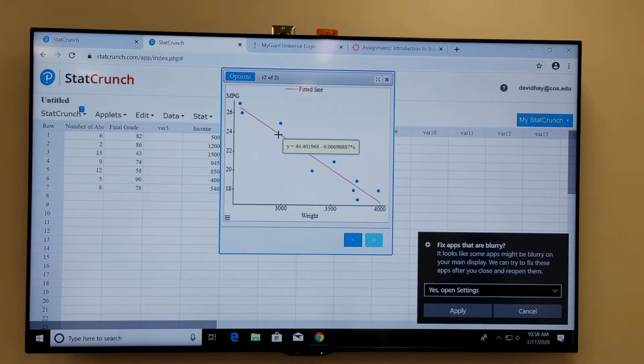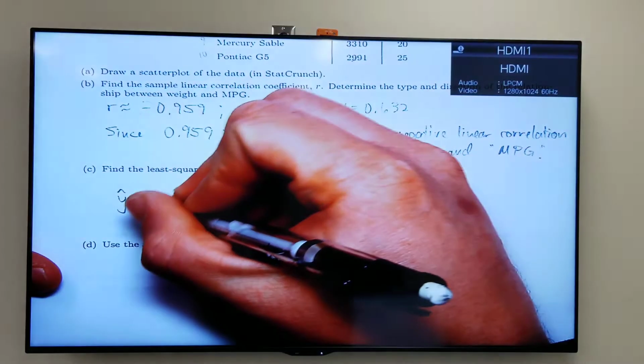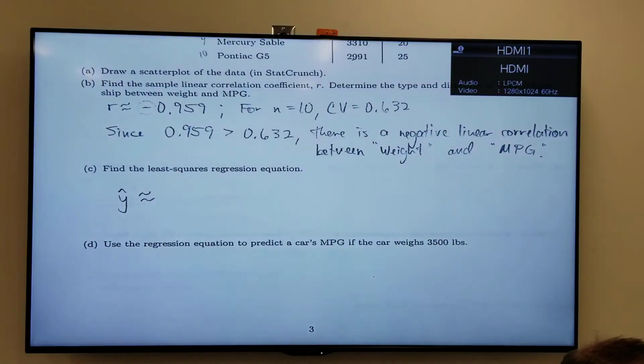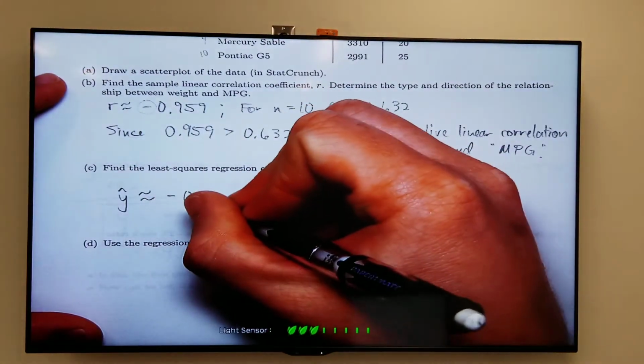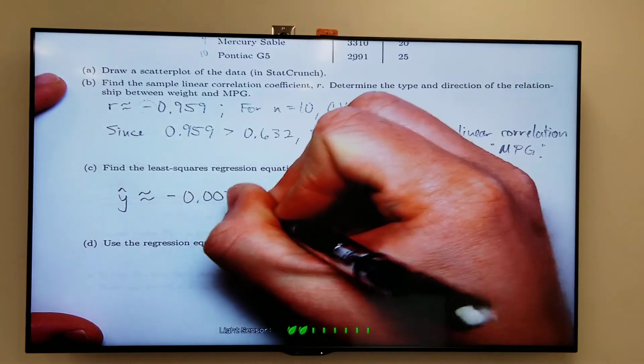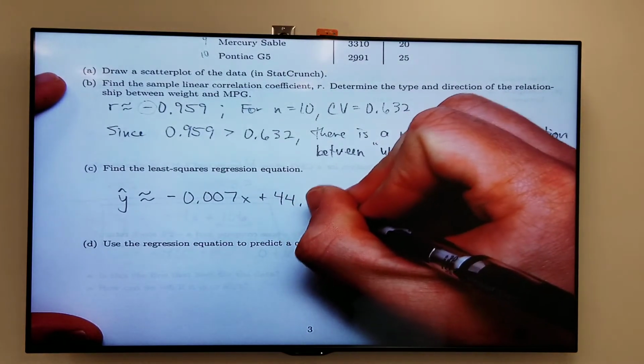So you can say y equals negative 0.007x plus 44.4. So that's what I'm going to write down for part C in the notes. So I'm going to say y hat is approximately negative 0.007x plus 44.4.